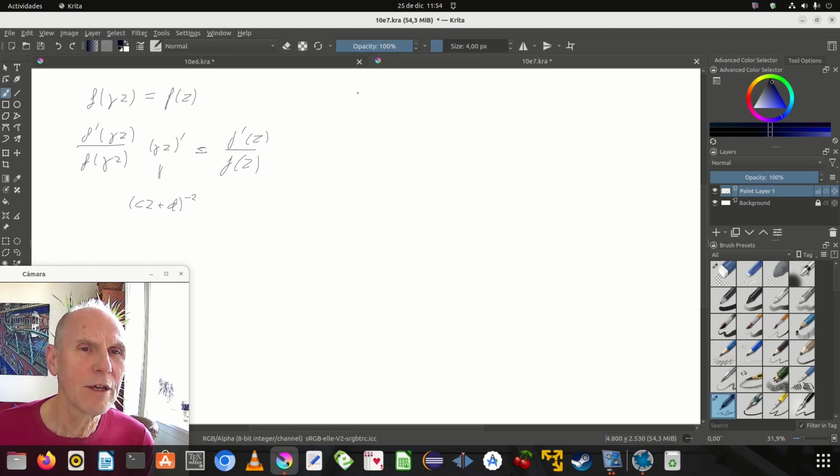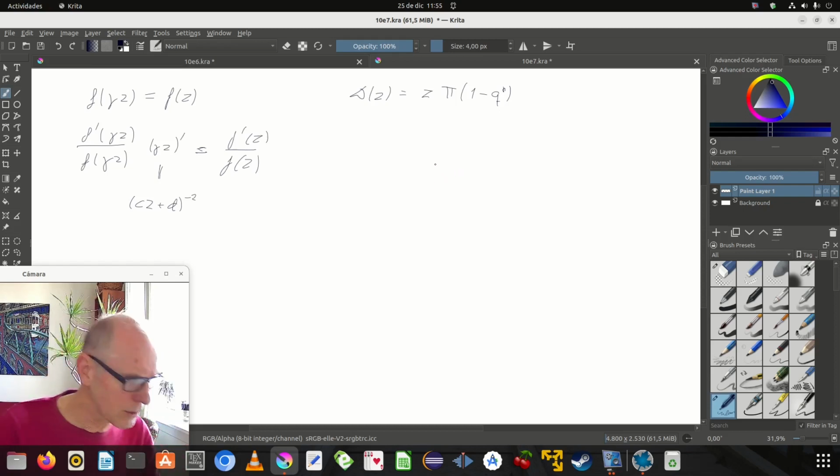So let's take the delta function itself. And now what was that? Z times 1 minus q to the nth. Was it just that? I'll just pause and look.